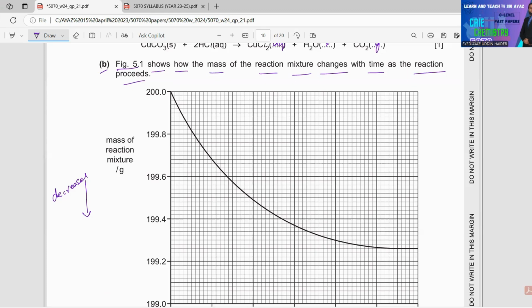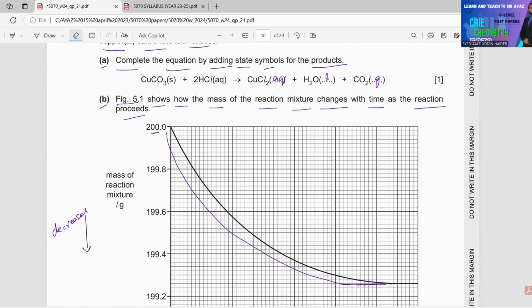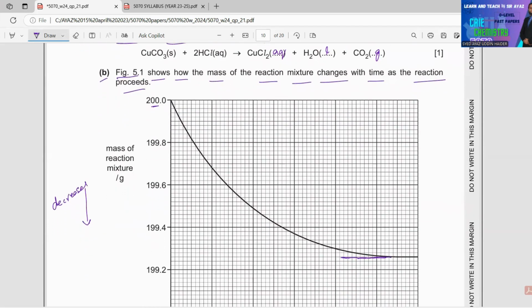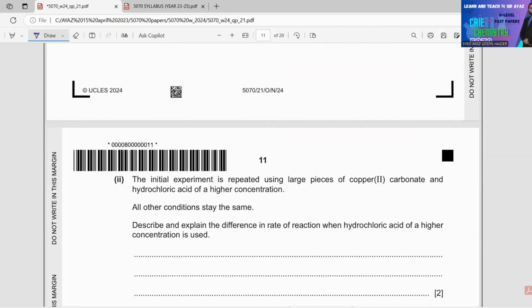You have to start the line at 0, from this point, and end at the same final mass. It will be like that, which indicates the reaction rate will be faster in this case.